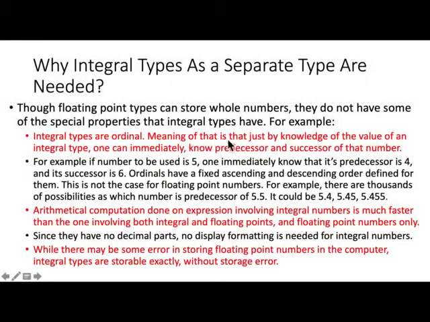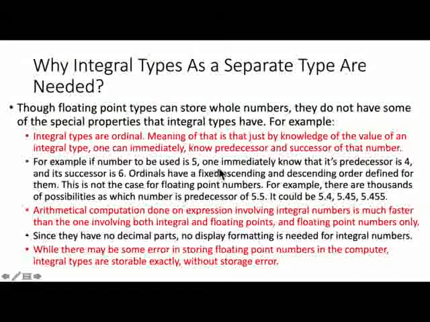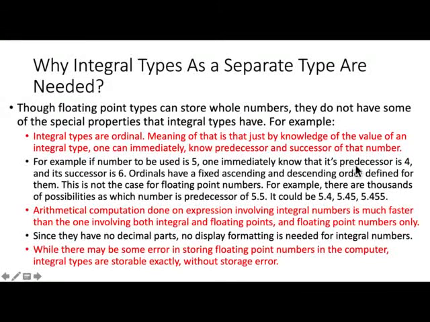Meaning of that is that just by knowing the value of an integral type, one can immediately know its predecessor number and its successor number. For example, if number to be used is 5, one immediately knows that its predecessor number is 4 and its successor number is 6. So ordinals have a fixed ascending and descending order automatically defined for them.